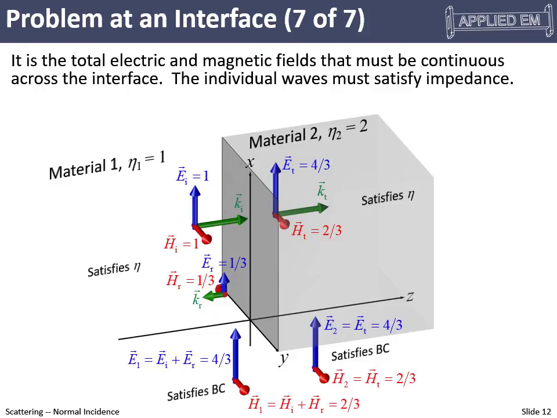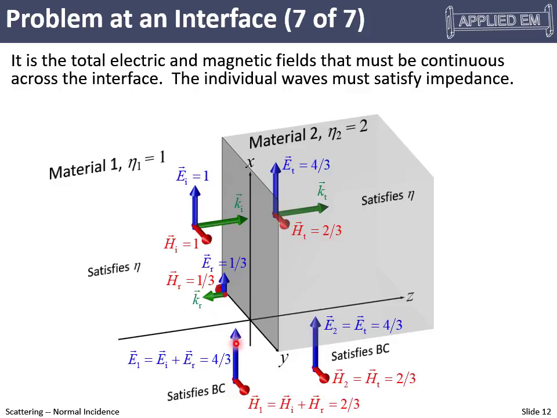So the trick here is to remember that it's a wave-by-wave basis to satisfy the impedance. So if we have 100 different waves, each one individually has to satisfy the impedance. When it comes to the boundary conditions, it's a total thing. And so what we're showing down here are the total fields on both sides of the interface.